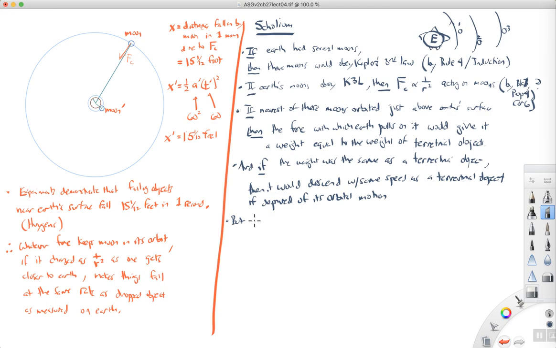So if the force which causes this nearby moon to fall were different, and by different I mean from a different source.